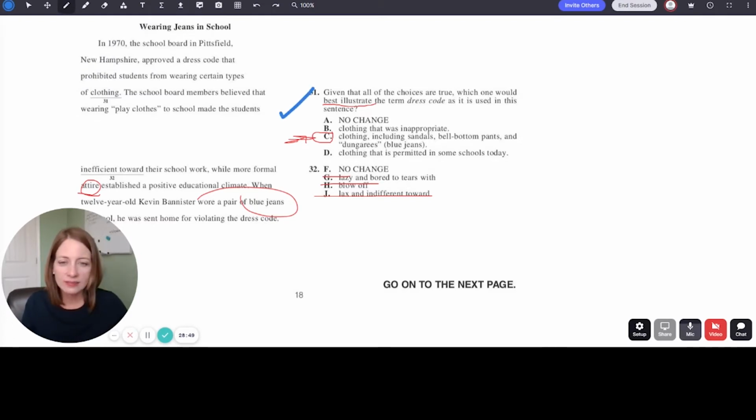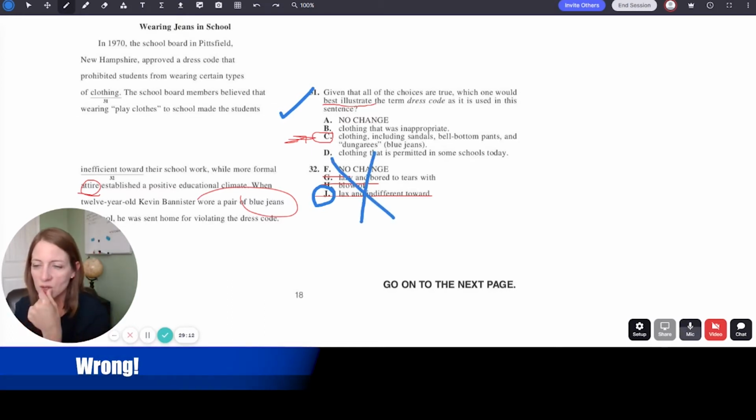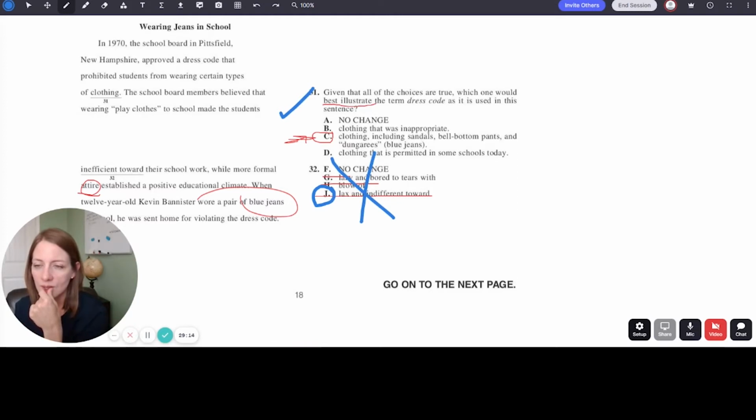32, J. Oh, I got one wrong. 32 was J. I chose "made the students inefficient toward their school," and the answer was "lax and indifferent."